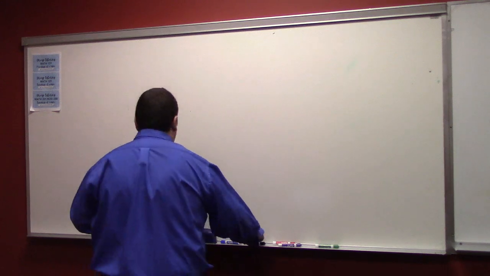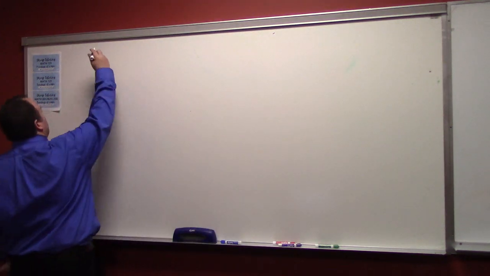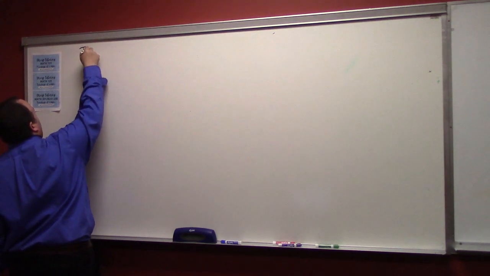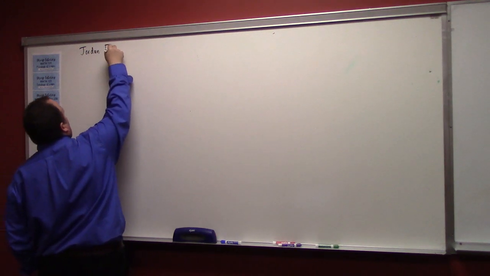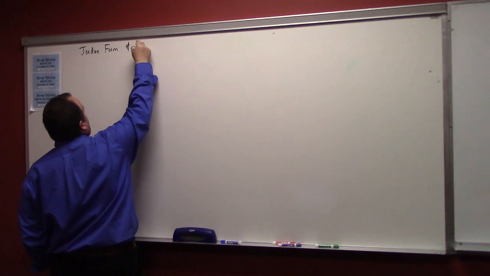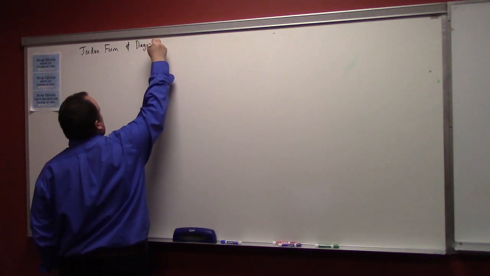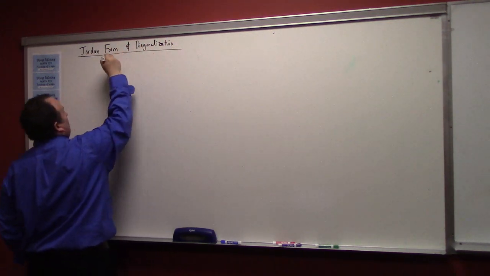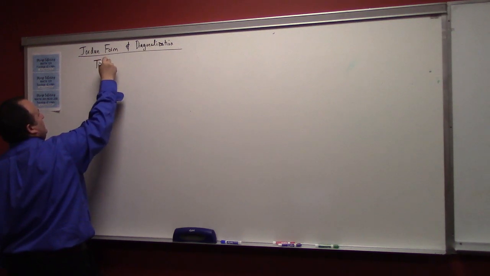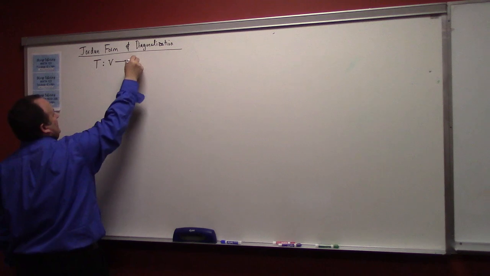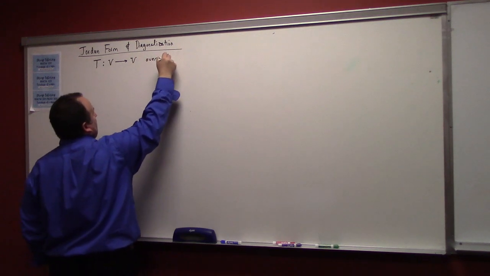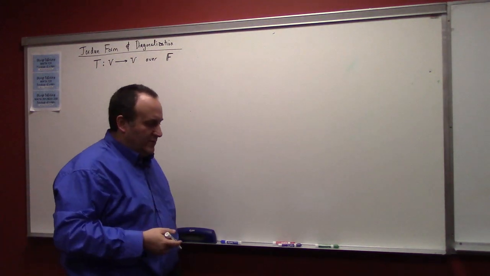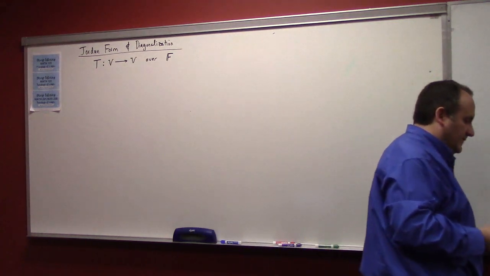Essentially, we're studying the problem of finding a nice matrix to represent a linear transformation T, which is a transformation from a vector space V to a vector space V over a field, all right? And so we're in the context of a so-called endomorphism, a linear transformation from a vector space to itself.